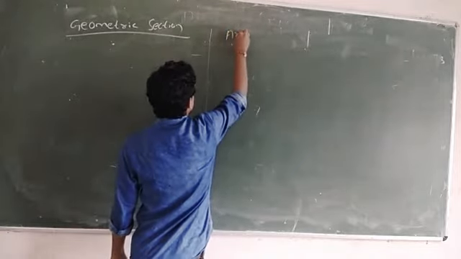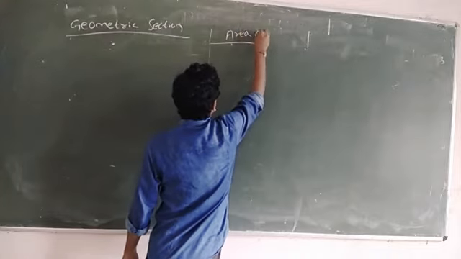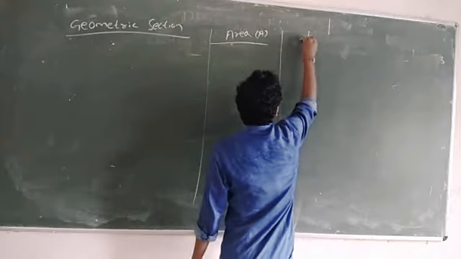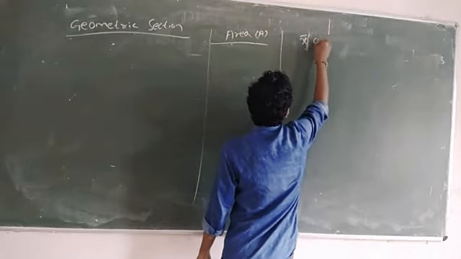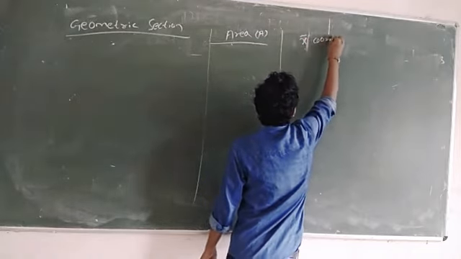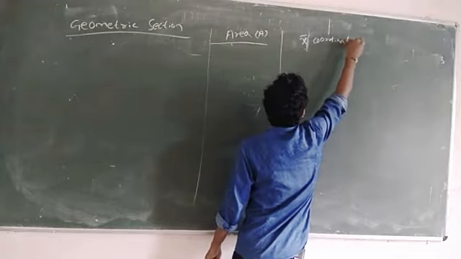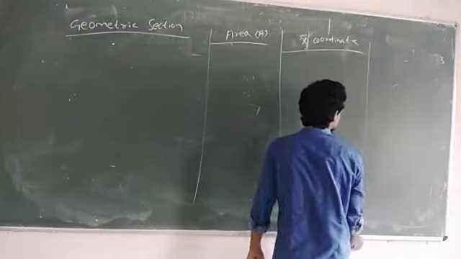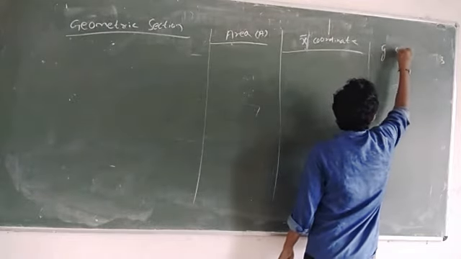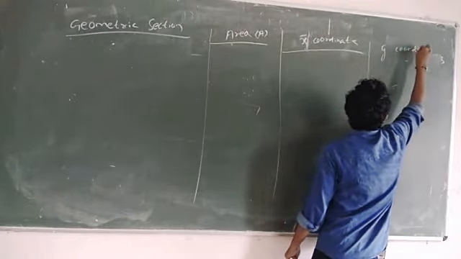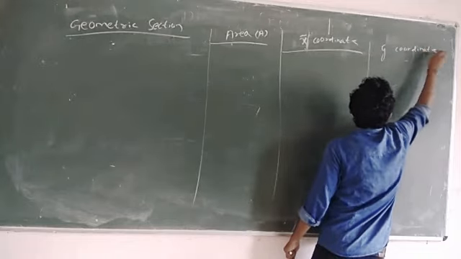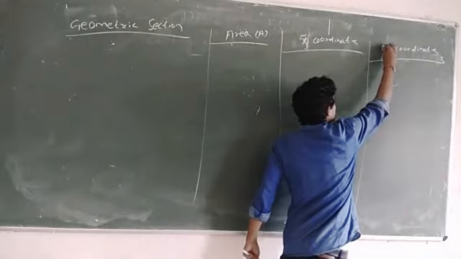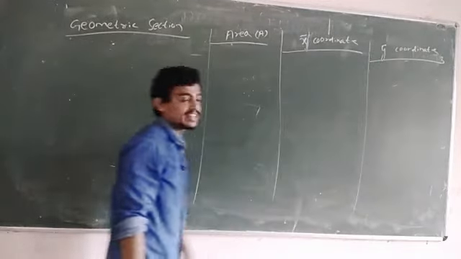This is the area of that geometric section, so I am writing capital A. The third column is our x coordinate, that is the centroidal distance in x direction. The last column is the y coordinate, so this is y bar, the centroidal distance along the y direction.